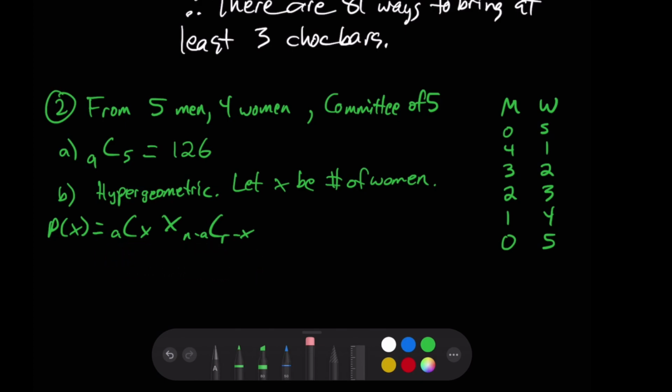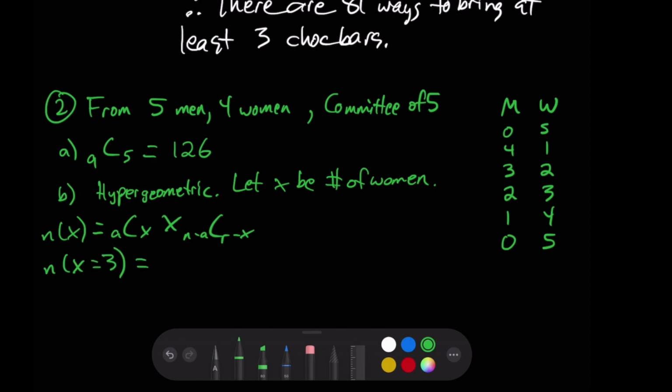I don't need the number of total outcomes, which is the bottom. So this will be N of X. I think we can say it that way. Yeah, so what's the cardinality of set X, where X is the number of women? And in our case, we want X to be equal to 3. That's exactly 3 women.